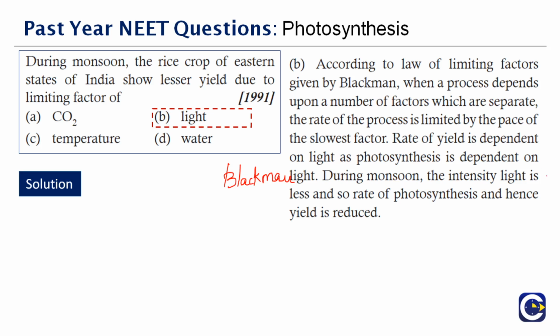So here if you see, during monsoon the intensity of the light will be less, so the rate of photosynthesis will become less. Therefore, the yield will also reduce. We all know for a C3 plant, the photorespiration rate has to be high. So what happens here, when photosynthesis slowly starts to decrease, the yield will also decrease.